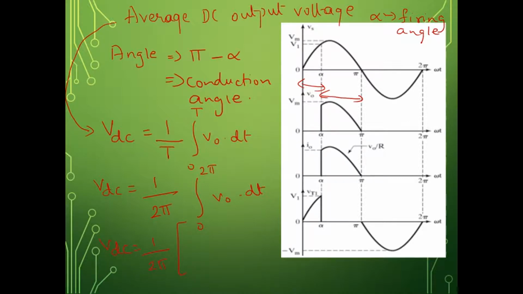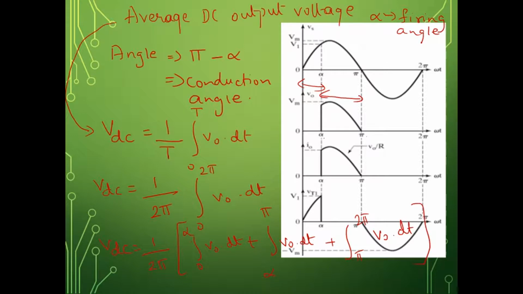From interval 0 to alpha, the output is 0. So I can split it as integral 0 to alpha V0 dt plus integral alpha to pi V0 dt plus integral pi to 2 pi V0 dt.